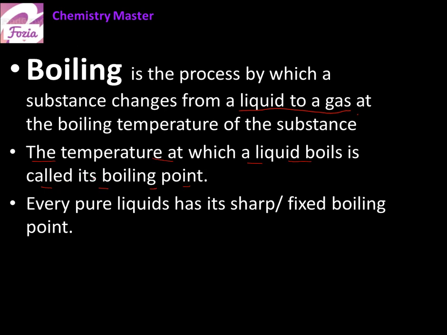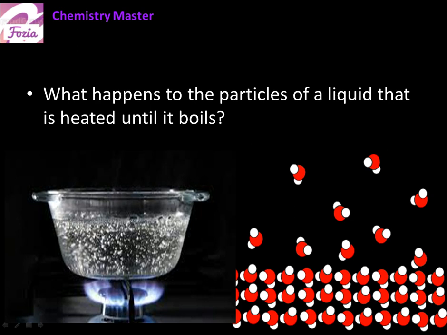A very important point which should be understood clearly is that every pure liquid has its own unique, sharp, fixed boiling point. So we continue to another thought-provoking question: what happens to the particles of a liquid that is heated until it boils?